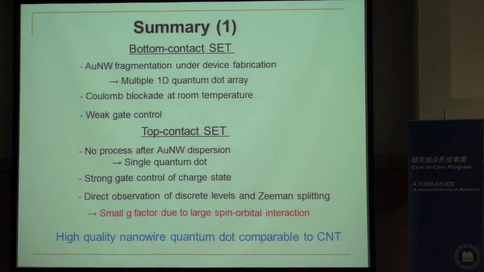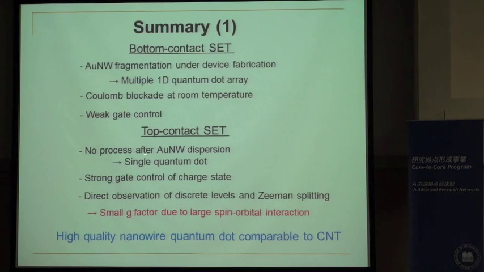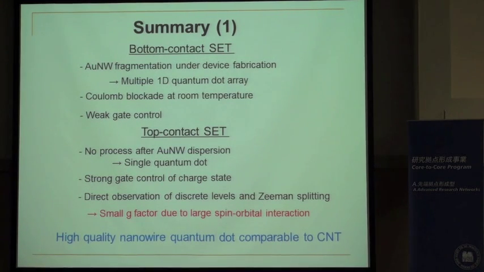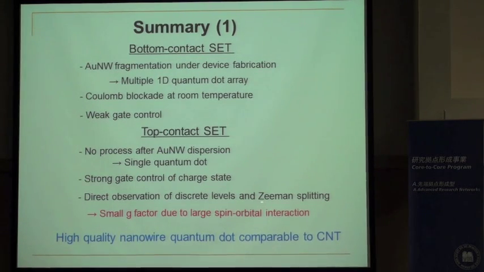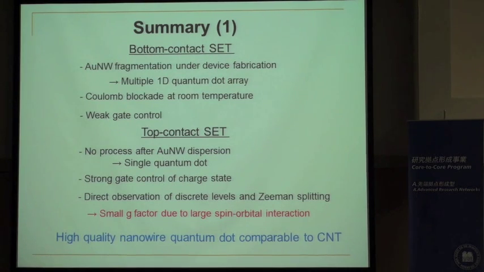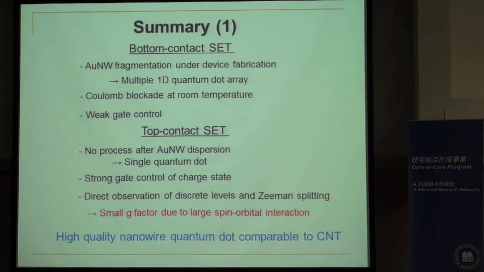For the top contact SET, this device behaves as a single quantum dot, strong gate control is realized, and discrete level and Zeeman splitting can be directly observed. And the observed small G factor is due to large spin orbital interaction in gold nanowire. So the gold nanowire acts as a high quality nanowire quantum dot comparable to carbon nanotube.